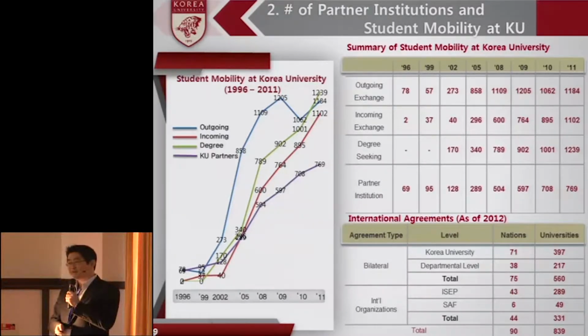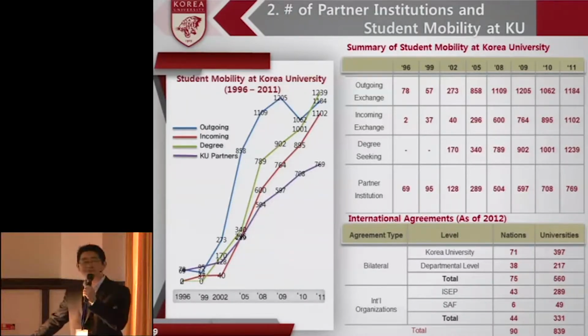If we go to NAFSA or EAIE or API, the most popular question that coordinators from around the world like to ask is, can we send our students? I don't hear a lot of, can we do joint museum exhibitions, or are you interested in a joint official development assistance project?